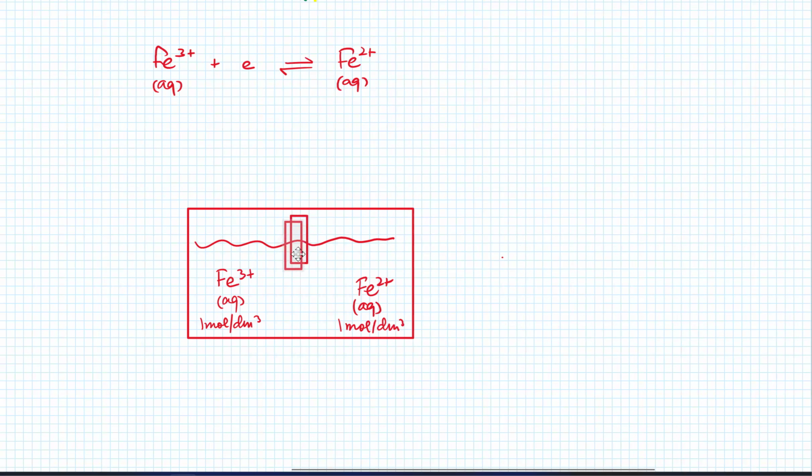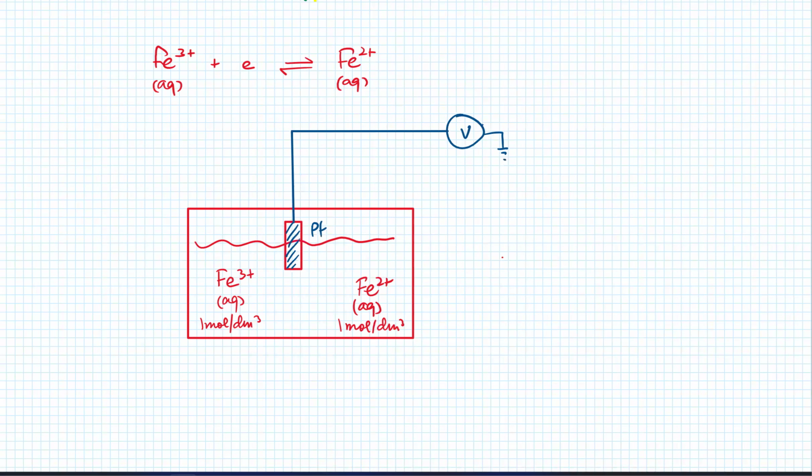So we've added a platinum electrode. And let's connect this with a wire and with a voltmeter. So voltmeter and your reference point.